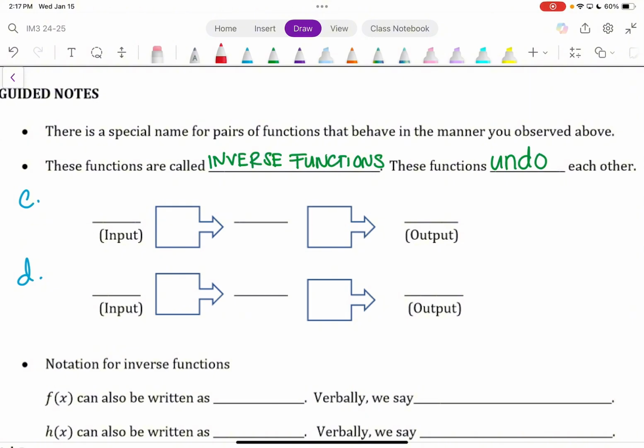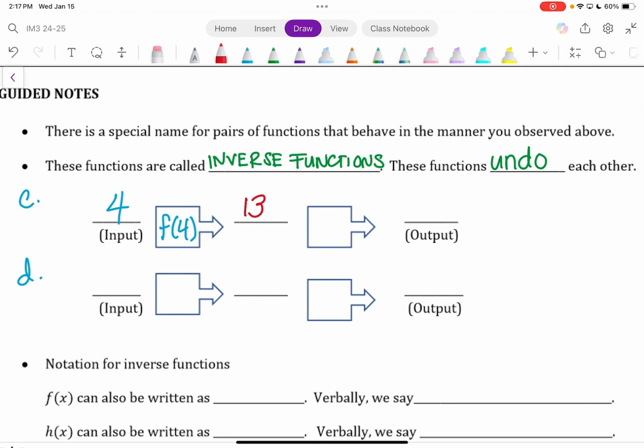What is the initial input? The 4. We start with the 4. So 4 is going into the first function, which is function f. And f of 4 gives us 13, right? This is what we got in part C. f of 4 is equal to 13.